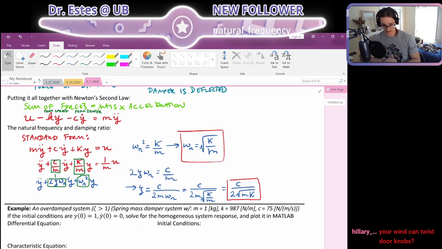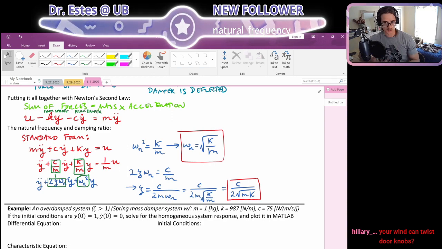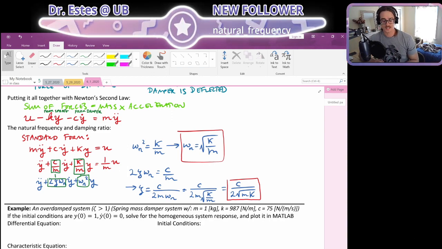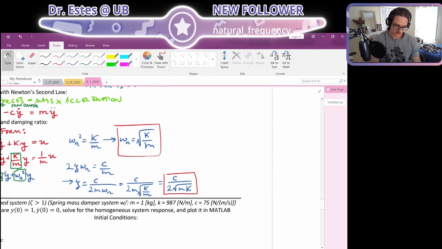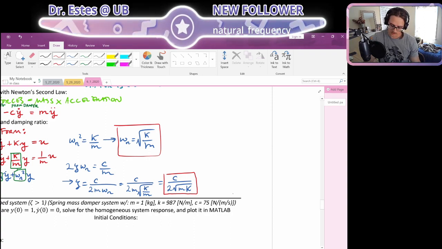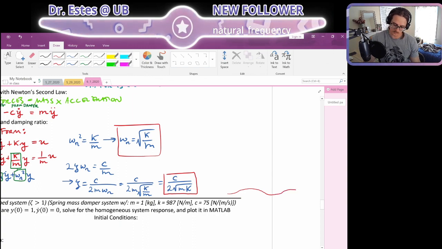A good example of this, if you're into cars, is the suspension system in your car. A suspension system is very much like a spring mass damper system. Let's draw a bumpy road. I think we'll do an example of this later on.